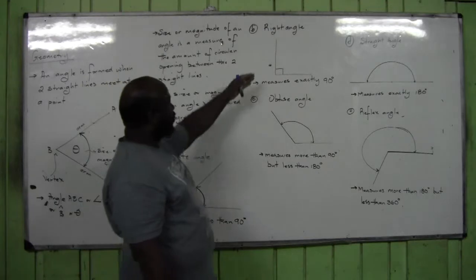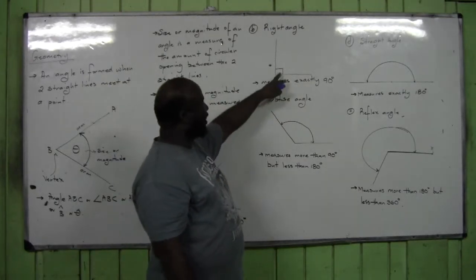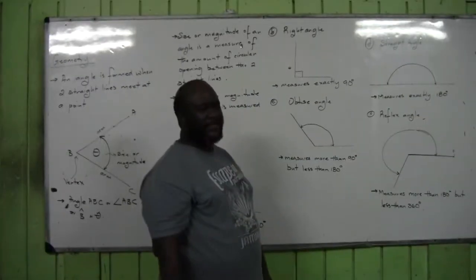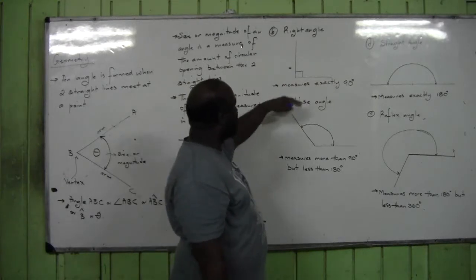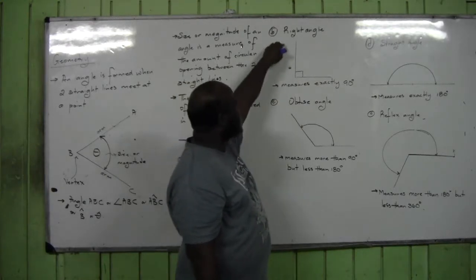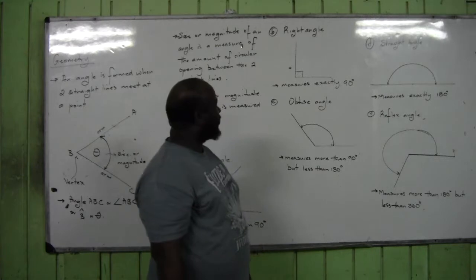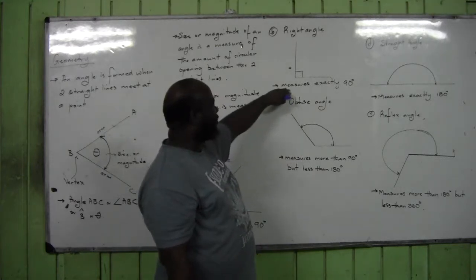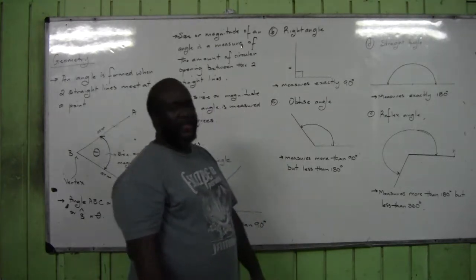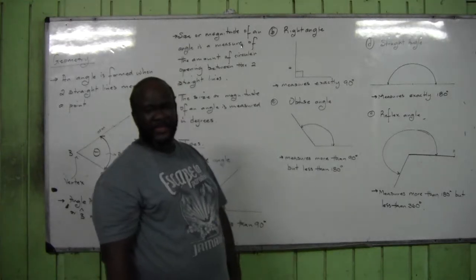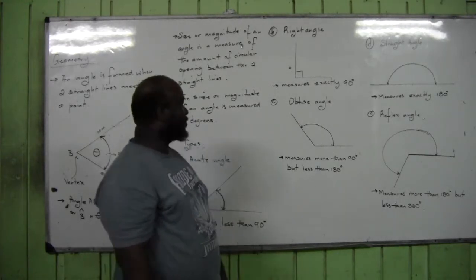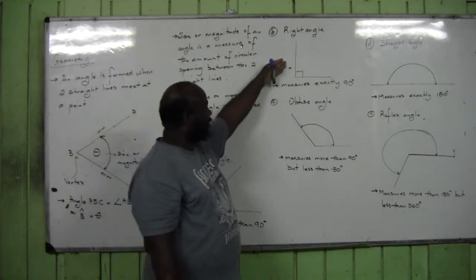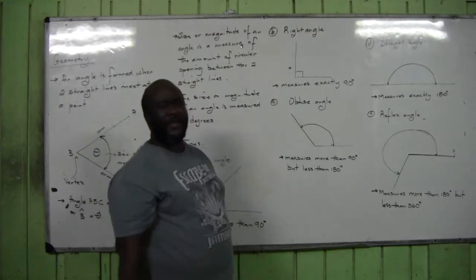When the two straight lines meet and form an L, we say that this angle is a right angle. The right angle measures exactly 90 degrees. So now we have an appreciation of 90 degrees.